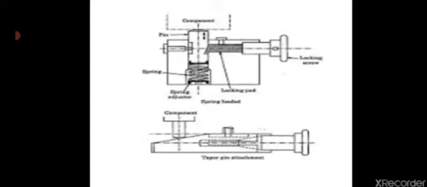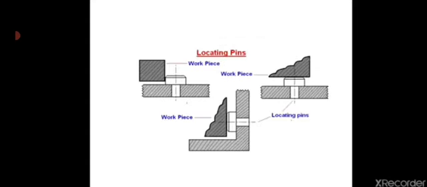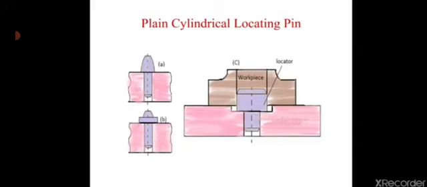Next are the different types of locating pins. Locating pins are also called pin locators. There are three types of locating pins. First one is the plain cylindrical locating pin.